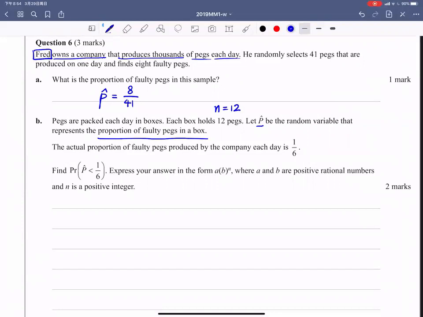The actual proportion of faulty packs is 1/6, so that's my small p, 1/6. Find the probability that P hat is smaller than 1/6. Express your answer in the form a times b to the power of n, where a, b are positive rational numbers and n is a positive integer. So this specifies the required form of the answer.